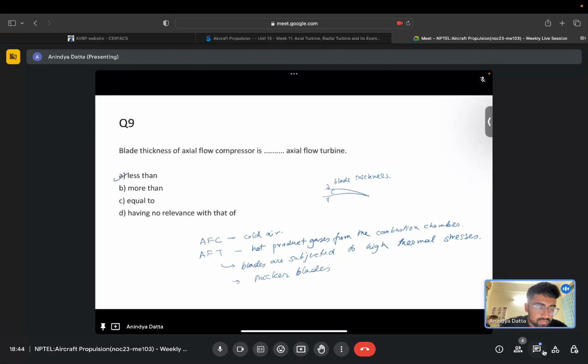One of the reasons this is done is to cool the turbine blades. Yes, exactly, there are different techniques for cooling the blades. So that is the reason why turbine blades are thicker compared to compressor blades.